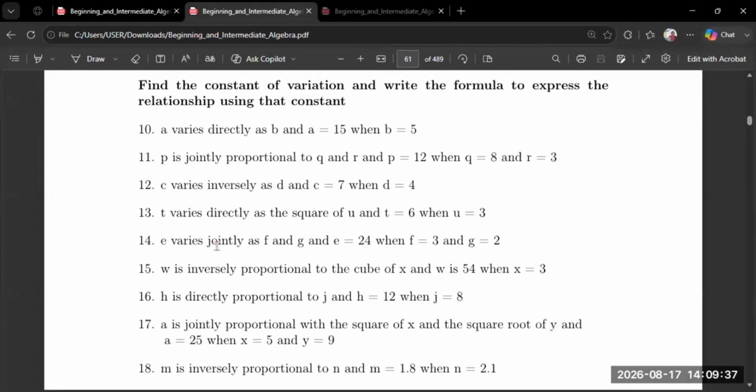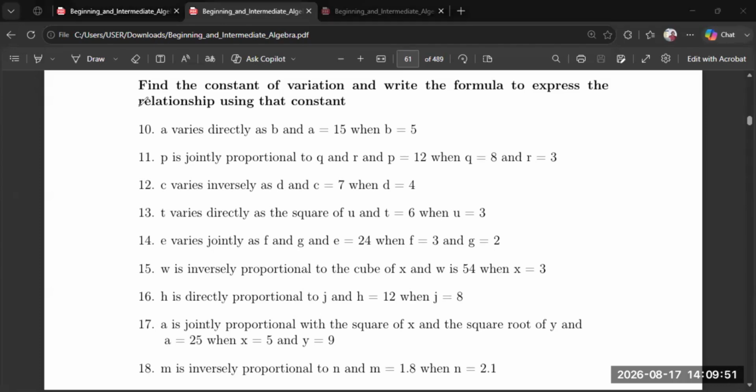So in this set of questions, what we need to do is find the constant of variation and write the formula to express the relationship using that constant. We are going a step further. We have exact values of the terms, and we want to get the value of the constant.